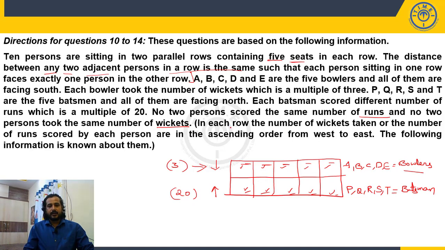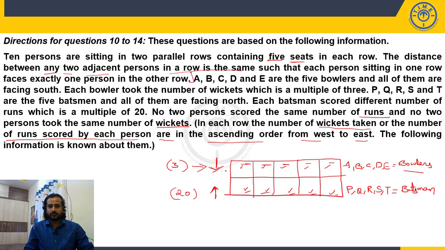And what is given in each row? In each row, the number of wickets taken or the number of runs scored by each person are in ascending order from west to east. Now understand this. In each row, they are talking about the persons who are facing south and the persons who are facing north.